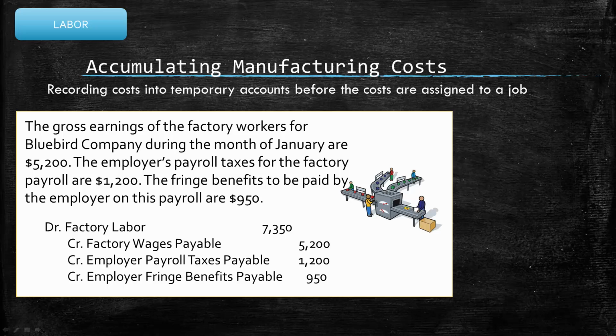And then we're going to credit factory wages payable for the gross amount, credit employer payroll taxes payable for the amount of the taxes, and credit employer fringe benefits payable for the amount of the fringe benefits. Our credits are all going into liability accounts because eventually we're going to have to pay out that money to the various parties. And so we are debiting factory labor as our holding account to accumulate all of those labor-related costs.